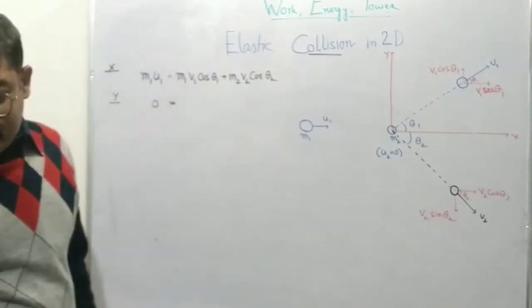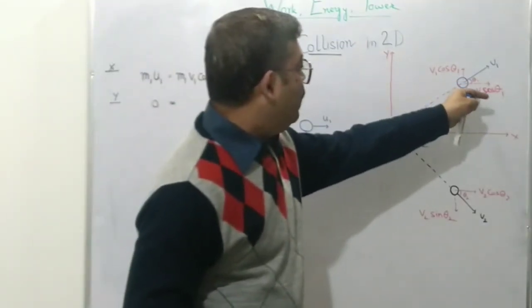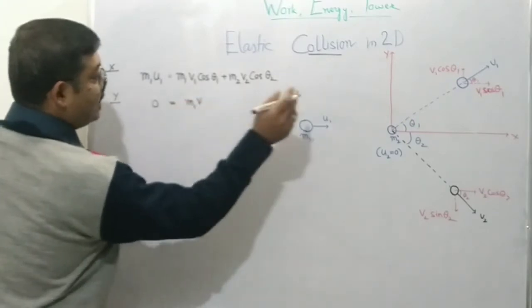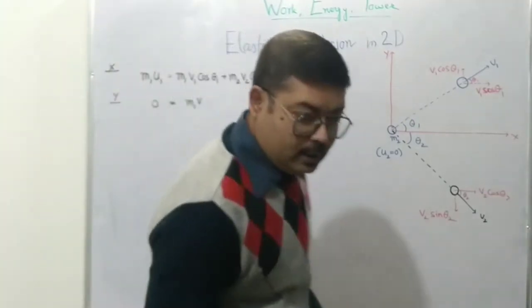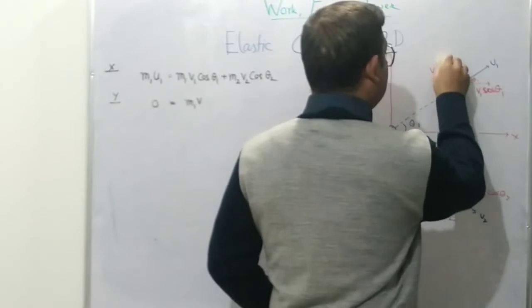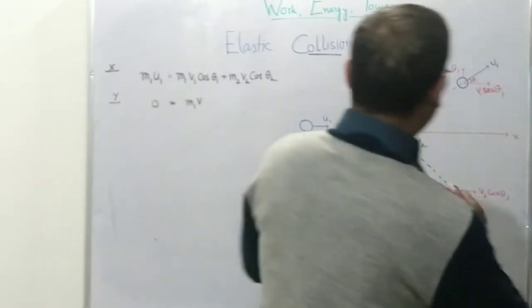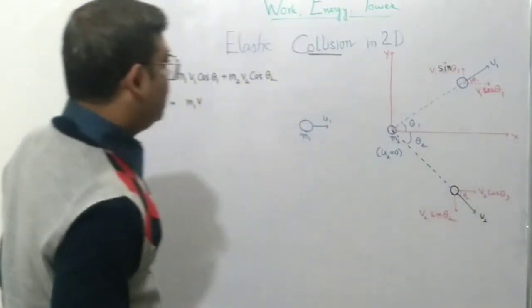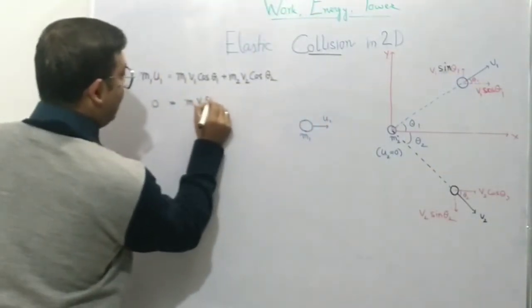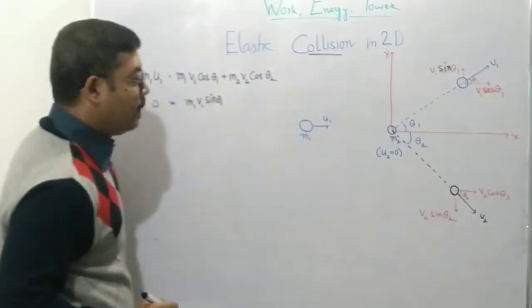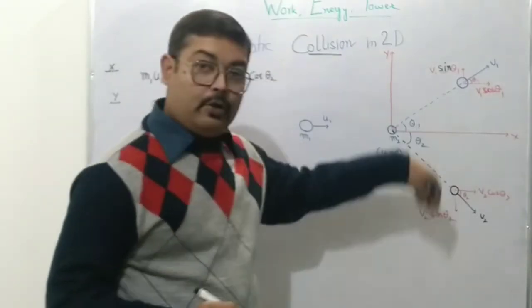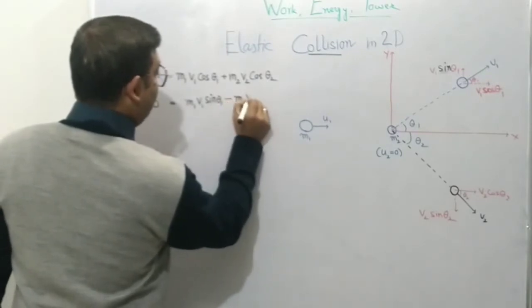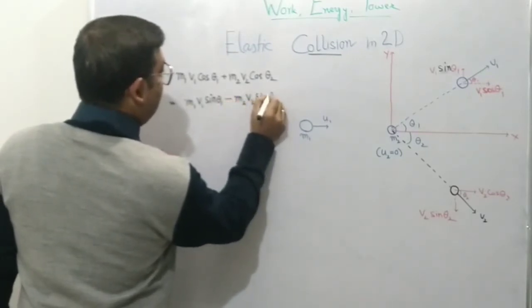However, the final momentum is m1 v1 sin theta 1, which is along the positive y-axis, and this one is along the negative y-axis, so this will be minus m2 v2 sin theta 2.